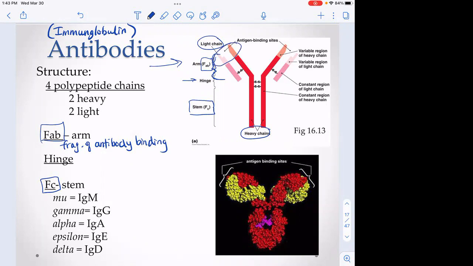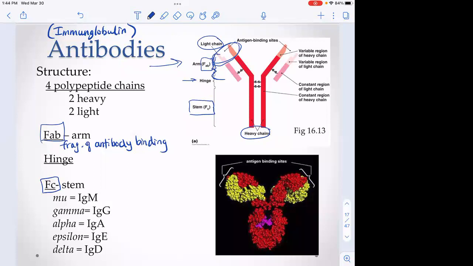Of course, the part where the antibody binds is incredibly variable. We'll talk about that variability in a minute. And then for the stem region, there's only 5 different stems. So when you look at the loci on the gene that is responsible for encoding antibodies, there's only 5 different possibilities for the stem, and the antibody is going to be whatever part of the gene gets transcribed and translated.